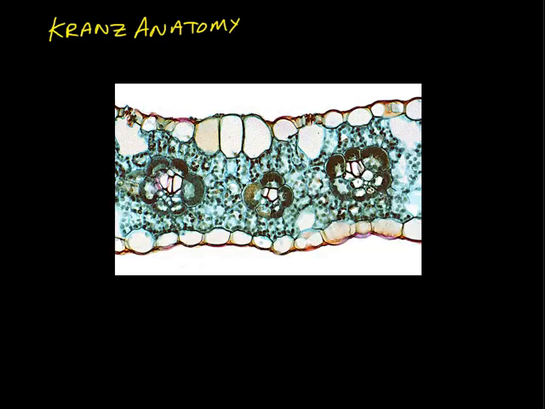And leaves that have Kranz anatomy, i.e. C4 plants, they tend to have certain features. And one is that they have much more numerous veins in their leaves, and so these veins are very close together. They also don't have any spongy mesophyll. If you recall back from looking at our early morphology leaf cross sections, we had what was called spongy mesophyll.